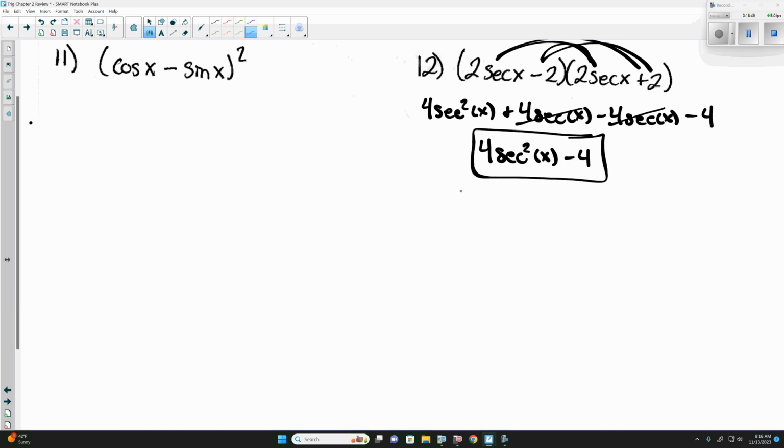Now if we factor a 4 out, what we're left with is secant squared of x minus 1. And according to our Pythagorean identities, this is just tangent squared of x.